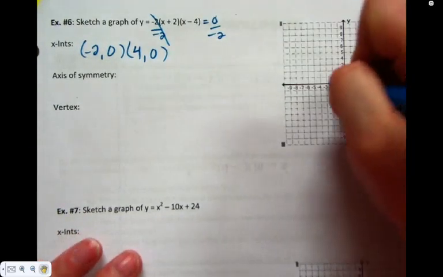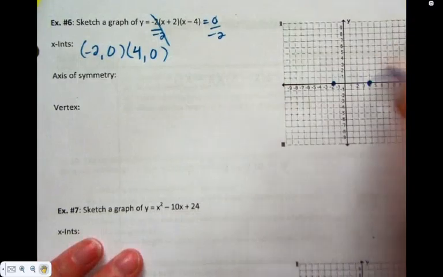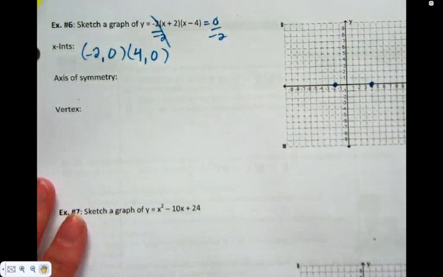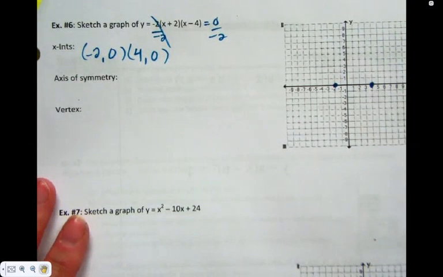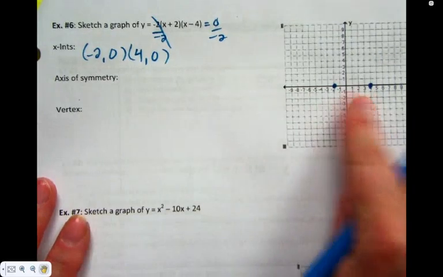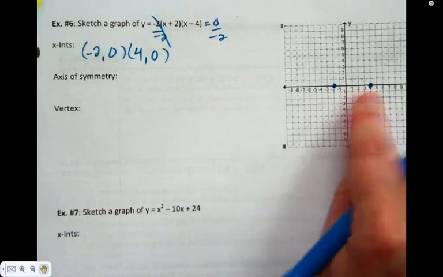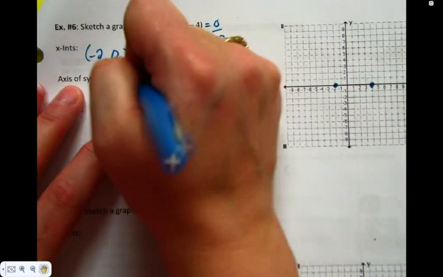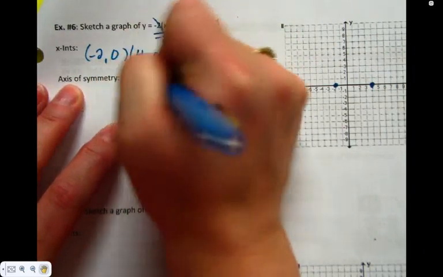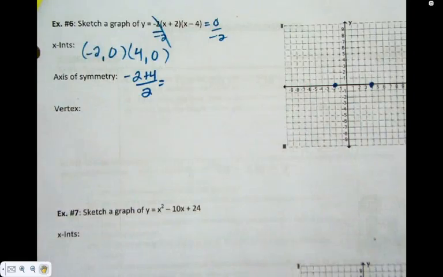Okay, so let's plot those first. The axis of symmetry just becomes the middle of the two intercepts, so we're going to add them together and divide by 2. Offer of negative 1 and positive 1. Fight it out.